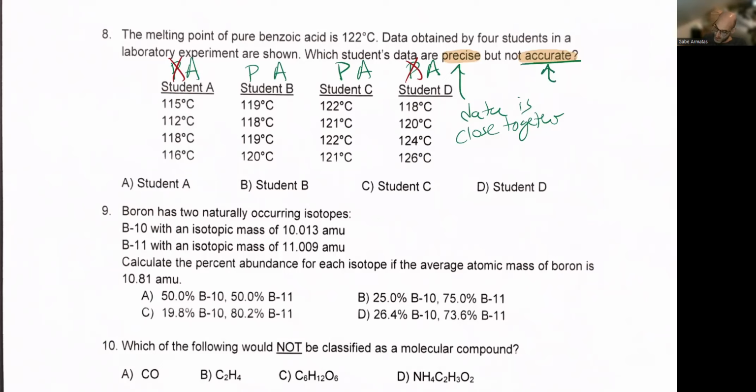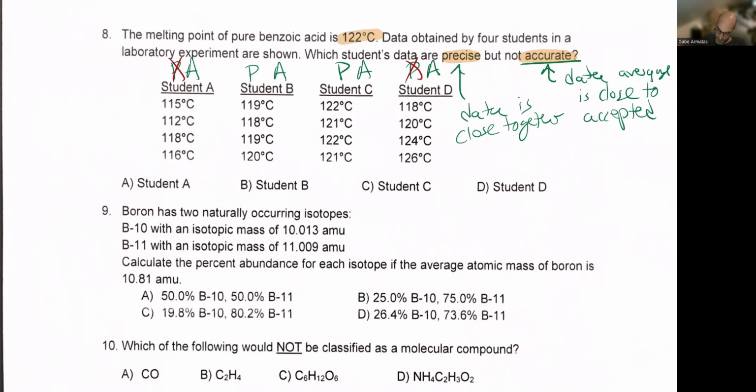And then secondly, accuracy. The data average is close to the accepted value. So it doesn't matter how precise you are. If your values average out to be pretty close, then we're in good shape. So we have to take a look at the accuracy, and the accuracy is going to depend on 122 degrees Celsius.